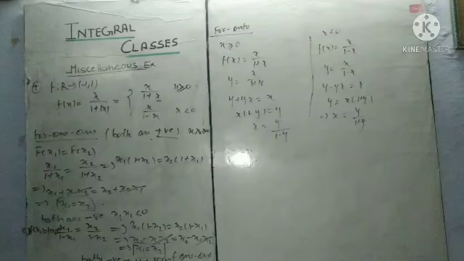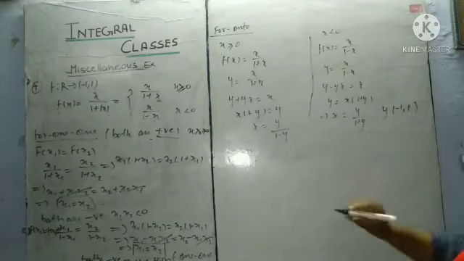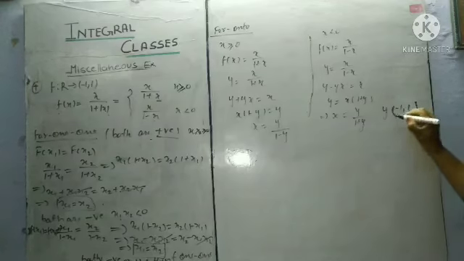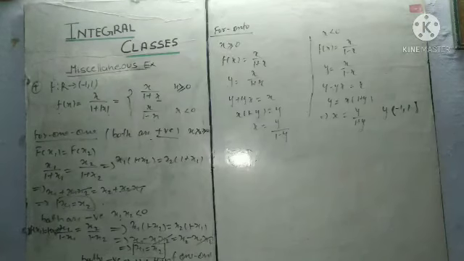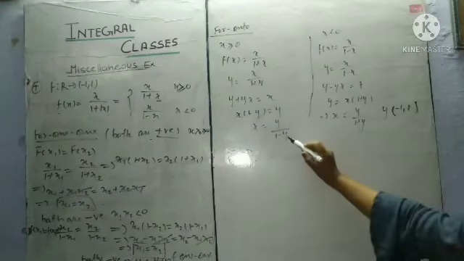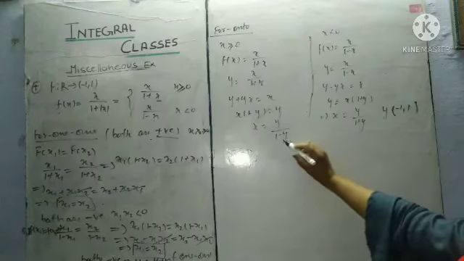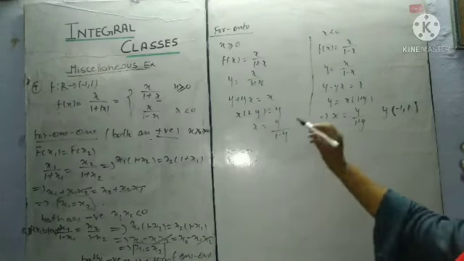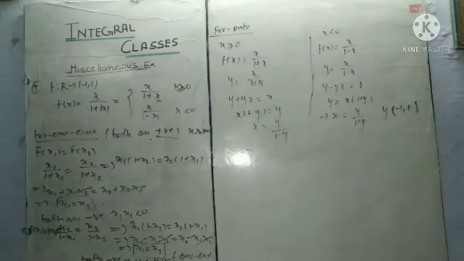Now student, we know that y belongs to (-1, 1). What is the meaning of this open interval? It means we will consider those values which lie between -1 and 1. -1 and 1 we will not consider here. So if we put -0.5, 0.5, then we will get the value of x in these two conditions.